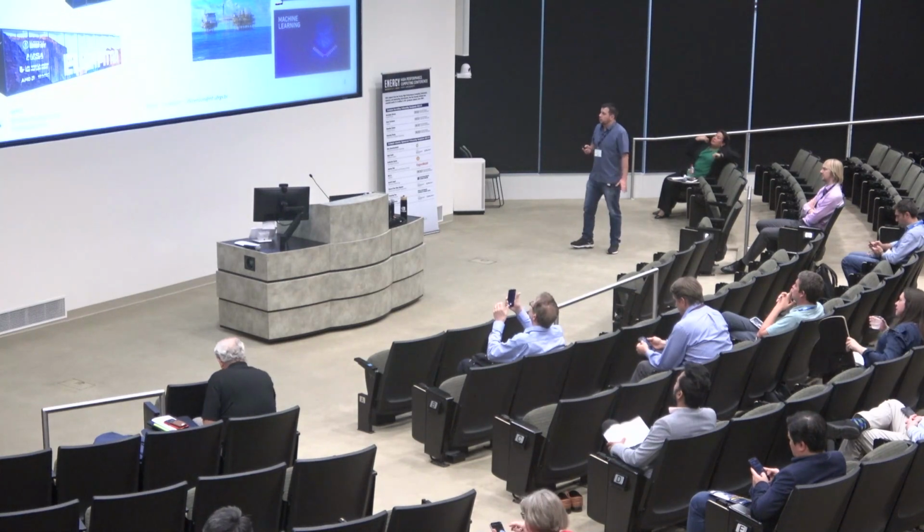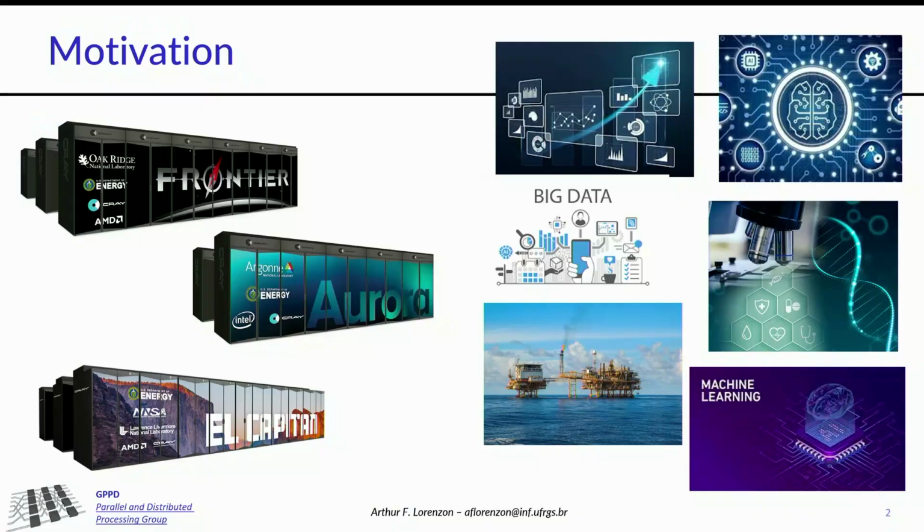So, well, we have seen that modern HPC systems are executing a lot of data-intensive parallel applications. We have big data applications, we have machine learning, and oil and gas.